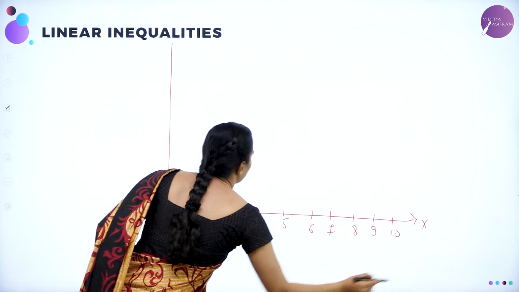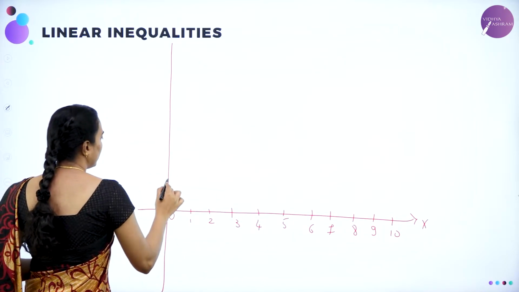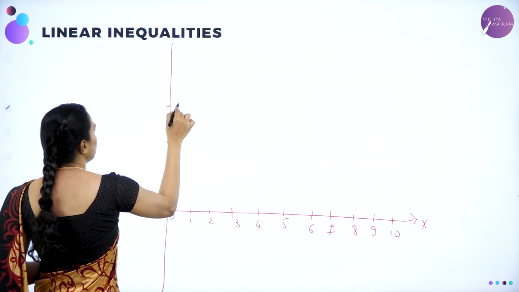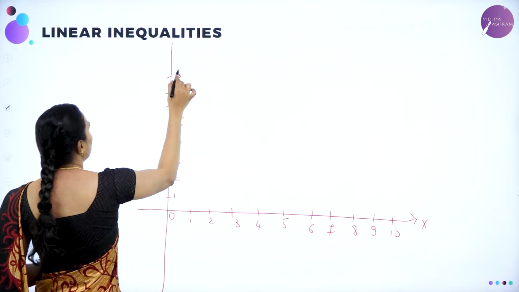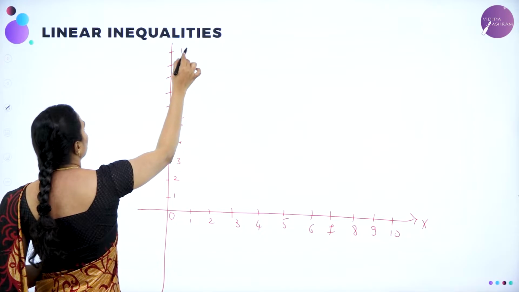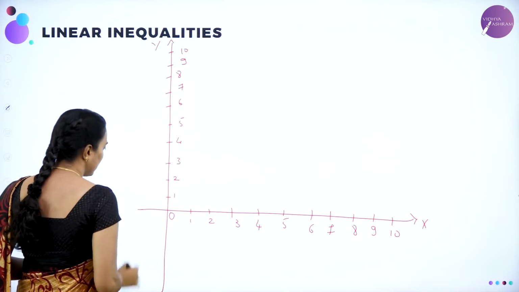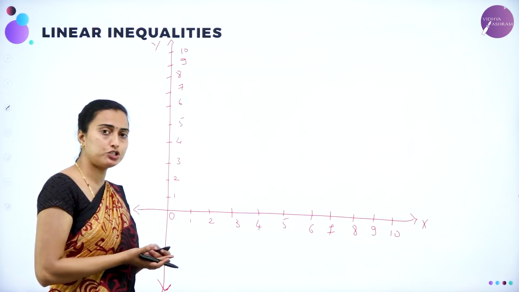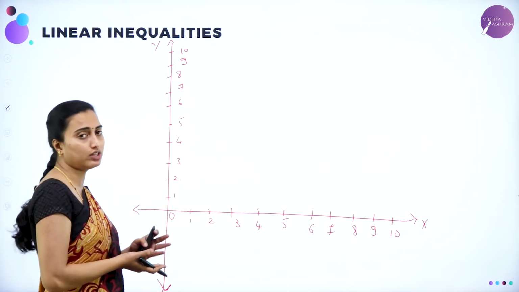And on the y-axis also 1 to 10. Since I'm getting positive points only, I'm not concentrating much on the negative.